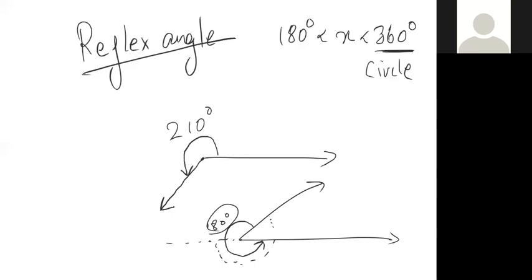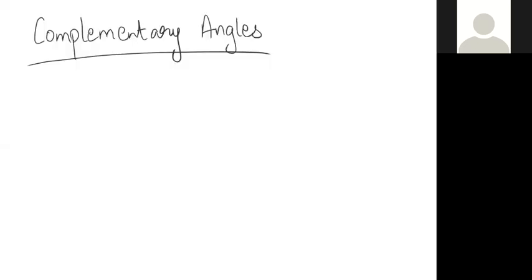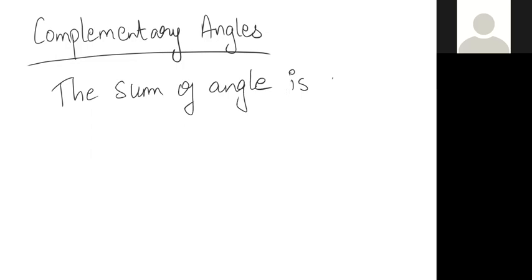Now we'll be moving on. All right, so let's talk about complementary angles. The basic definition of this: the sum of angles is equal to 90 degree, right?